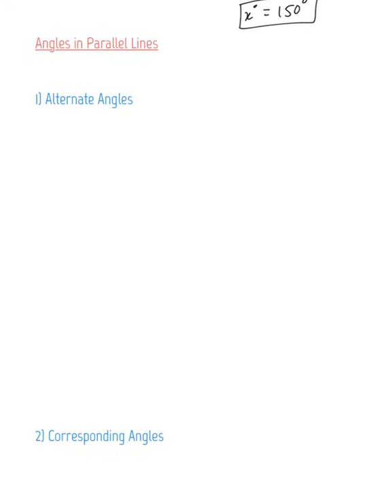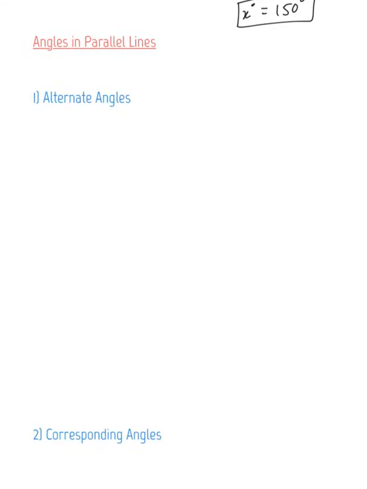We're now having a look at angles in parallel lines. The very first type of angle we will have a look at is called alternate angles. Over here I have two parallel lines that could be represented with an arrow like this. And I have a line that goes through these two parallel lines.